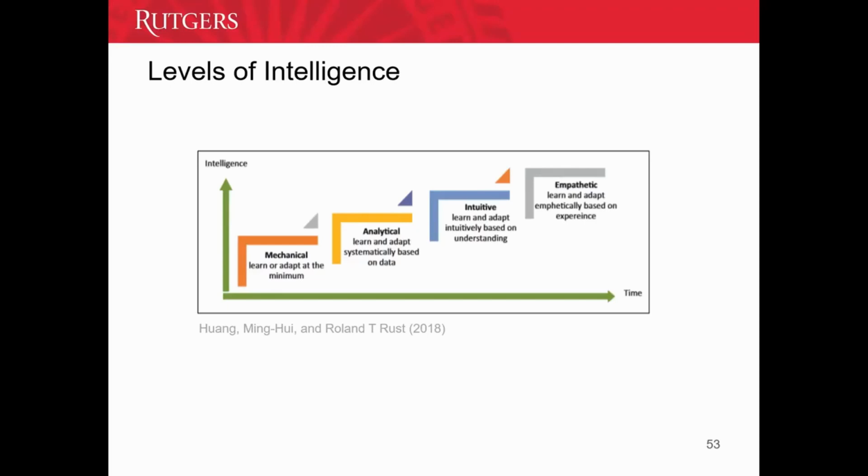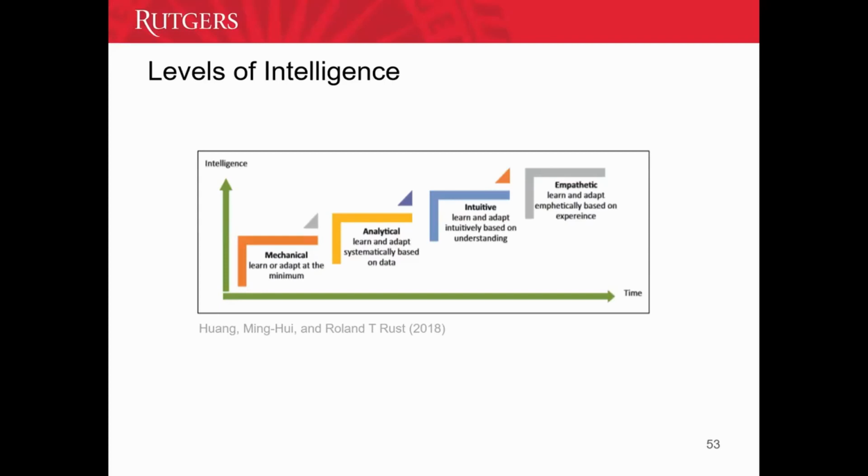However, analytical intelligence is a level above mechanical intelligence. This enables the AI to learn and adapt systematically based off data, right? So smart analytics that we talked about in the previous slide exhibits this analytical intelligence because it has the ability to analyze data systematically and perhaps do forecasting and budgeting, as I talked about in the previous slide.